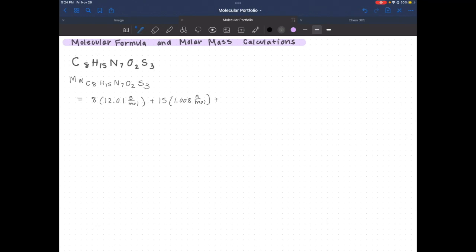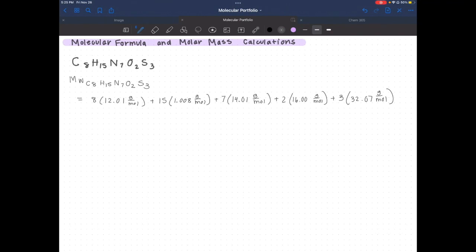And then next we have 7 nitrogens, and that will be 14.01 grams per mole. And then we have 2 oxygens, which is 16.00 grams per mole. And then the last one will be 3 sulfurs, which is 32.07 grams per mole.